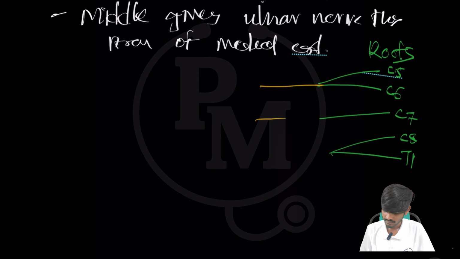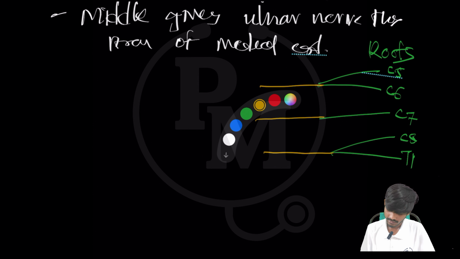C7 alone forms middle trunk. C8, T1 form lower trunk. And these trunks are going to divide into anterior and posterior divisions like this.